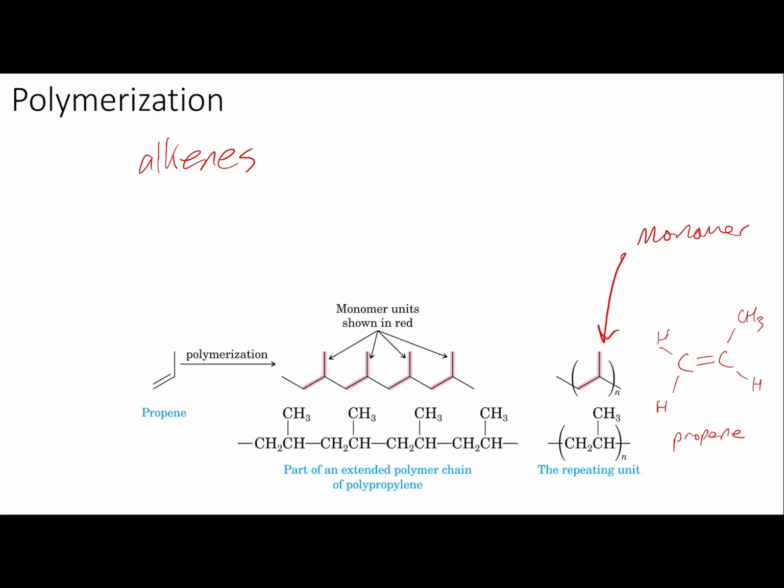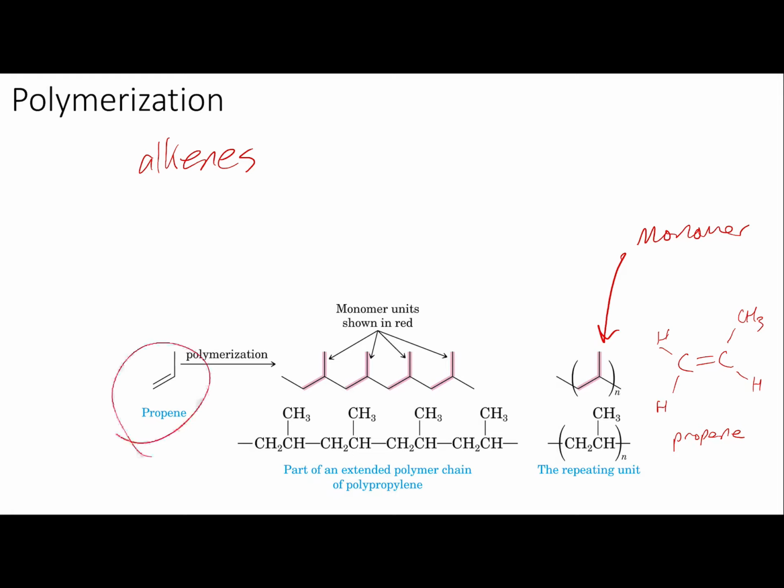First carbon has the double bond on it. We don't have to say 1-propene because there's no other way to draw propene. So this is just propene. Taking propene, which is just a double bonded, simple, small alkene, and linking them together.